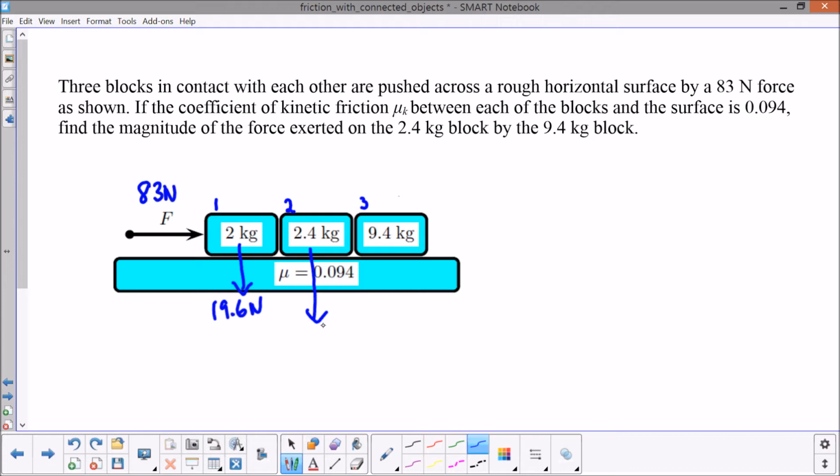The weight of the 2.4 kilogram box is 2.4 times 9.8, or 23.52 newtons. And then the weight of the third box is 9.4 times 9.8, which is 92.12 newtons.